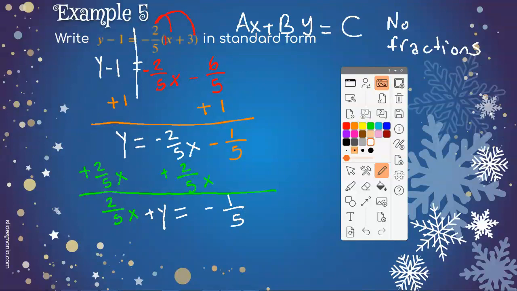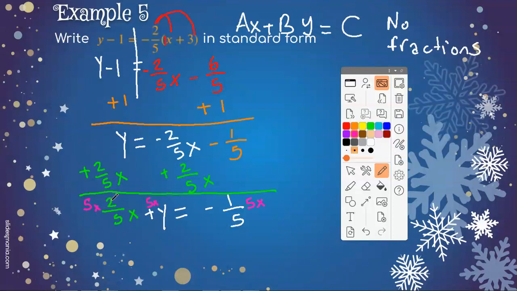I've got a number on the right, but I've got a fraction. So how do you get rid of a fraction? You multiply everything by the number on the bottom, the number in the denominator. So I'm going to multiply this by 5. I'm going to multiply this by 5. And I'm going to multiply this by 5.